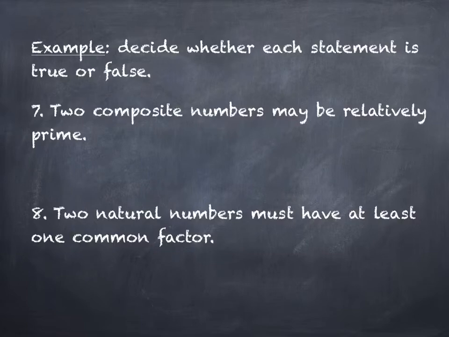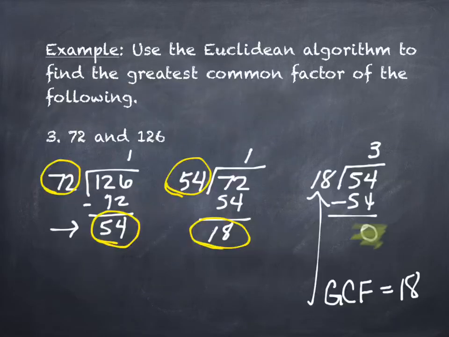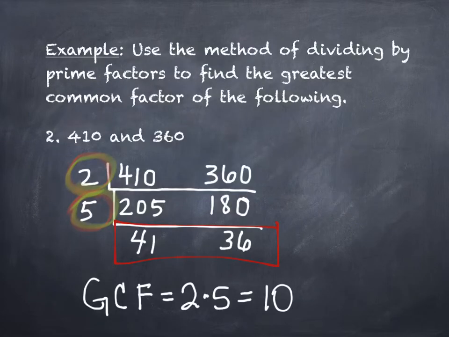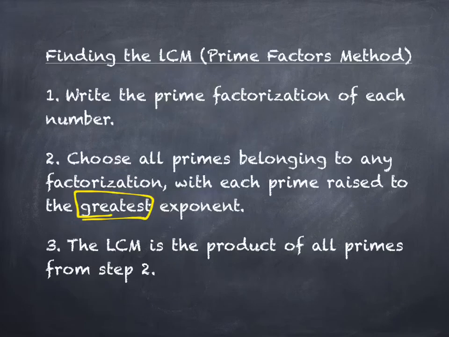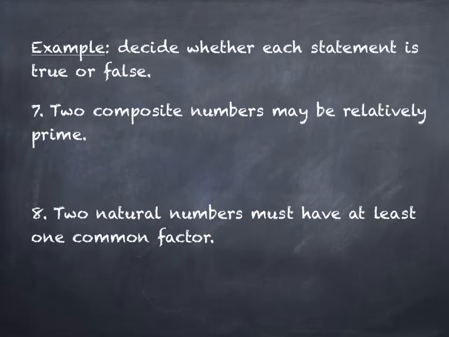We had an example over here in red. 41, 36, one of them was composite, 36, the other one's prime, 41, and those are relatively prime to one another, correct? So it's certainly true that I don't need to have both of them prime for them to be relatively prime. Can you think of 2 numbers that are both composite that are relatively prime to each other? This is false, by the way.